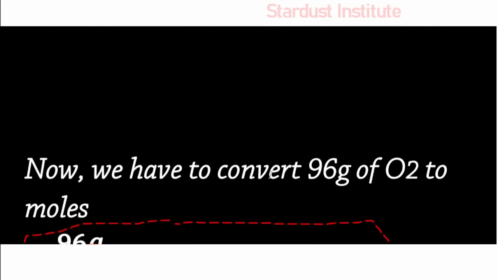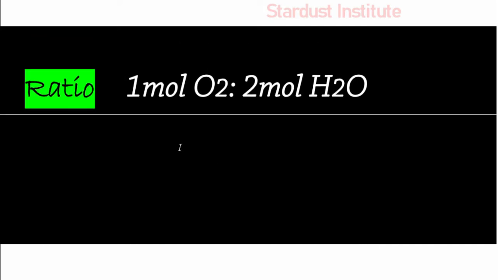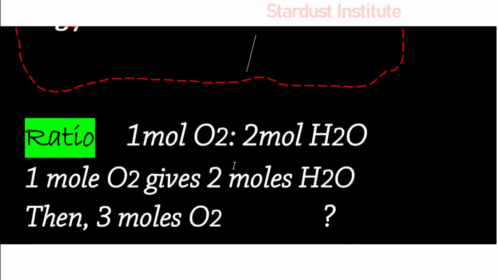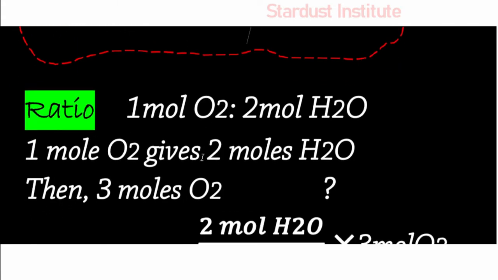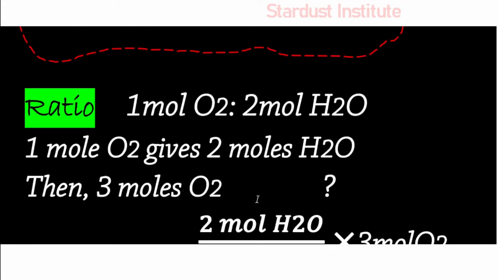We know we found the ratio: 1 mole O2 gives 2 moles H2O. Then we have 3 moles of O2 here. Then 3 moles O2 give, we can find it in this way: 2 mole H2O divided by 1 mole O2 multiplied by 3 moles O2.